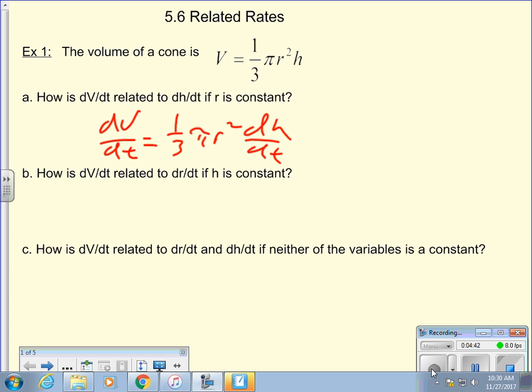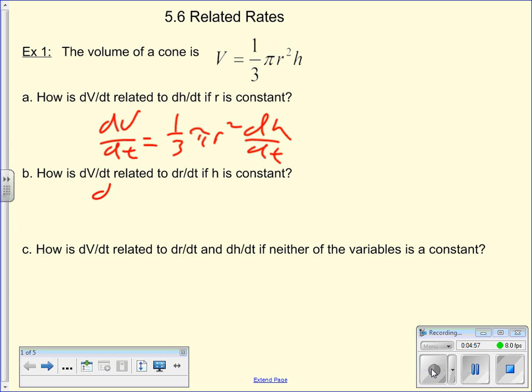Okay, same idea, taking the derivative of the volume of a cone, only height is constant, the radius is a variable, but so is volume. Same thing, what's the derivative of V? dV/dt equals 1/3 pi r squared h.